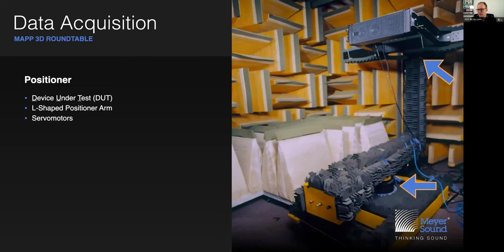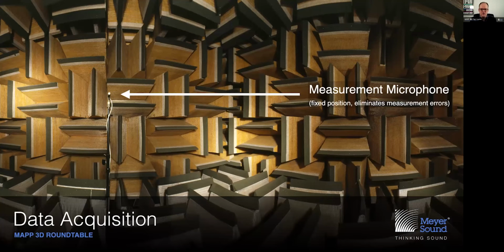There's one servo motor at the base, and there's one servo motor behind the U bracket that contains the device under test, and that allows us to pivot and rotate, or I should say roll the loudspeaker, and pivot the loudspeaker, and that's how we get our measurements. The microphone in the chamber is roughly at 4 meters distance, and it's stationary. So rather than using the microphone to orbit the loudspeaker, it's the microphone that is stationary, and it's the loudspeaker that is being rolled and pivoted.